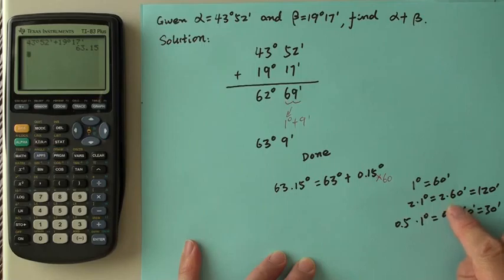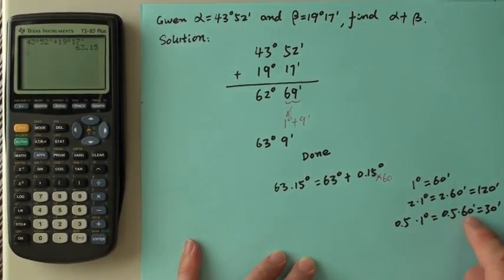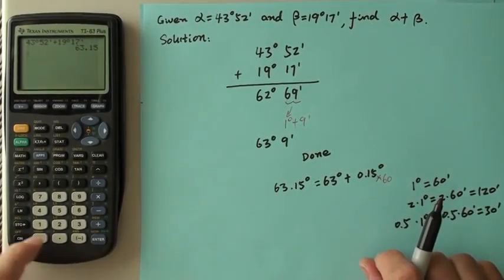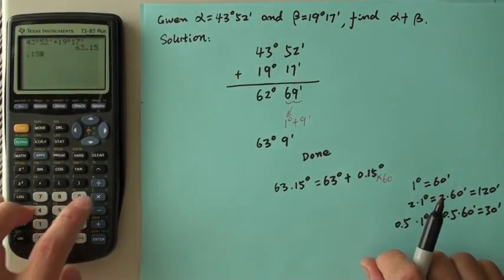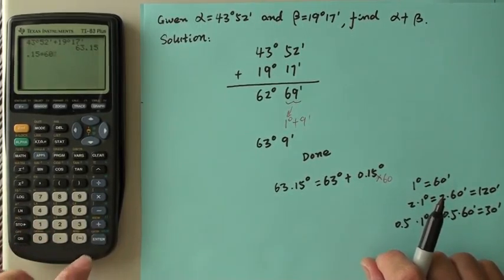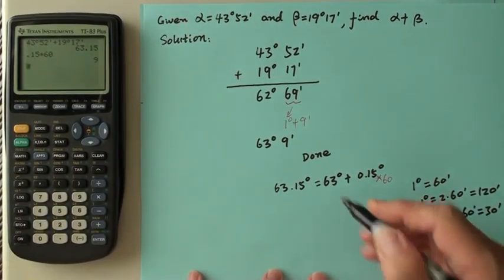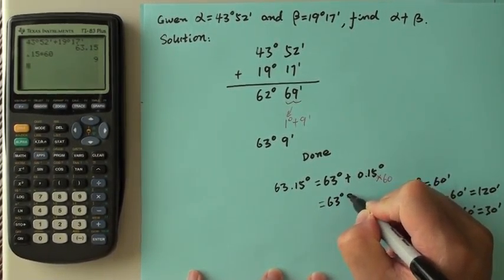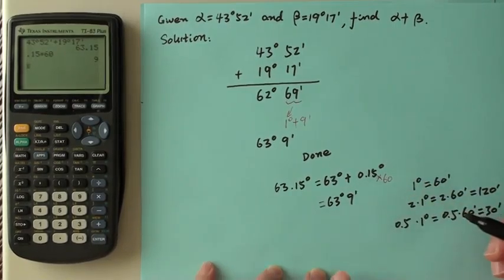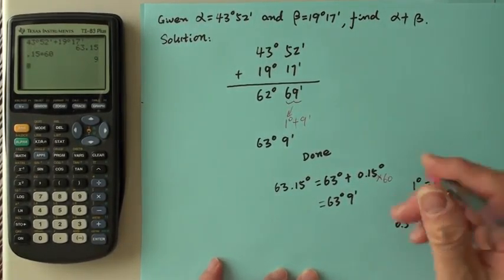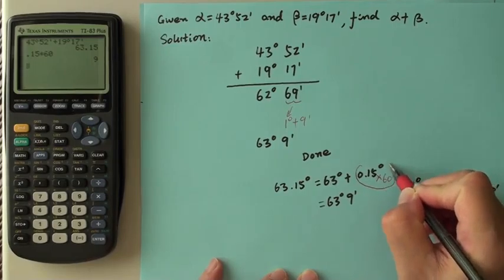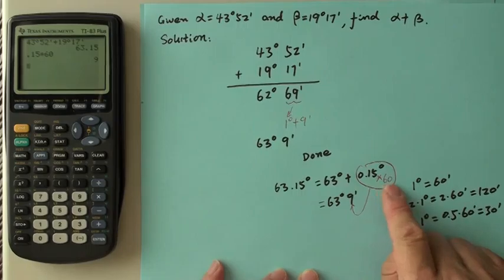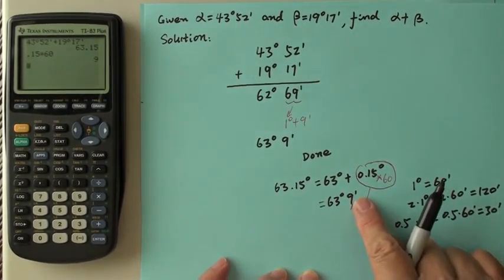They all get multiplied by 60: 2 times 60, 0.5 times 60, and 0.15 times 60 also. 0.15 times 60 is 9.